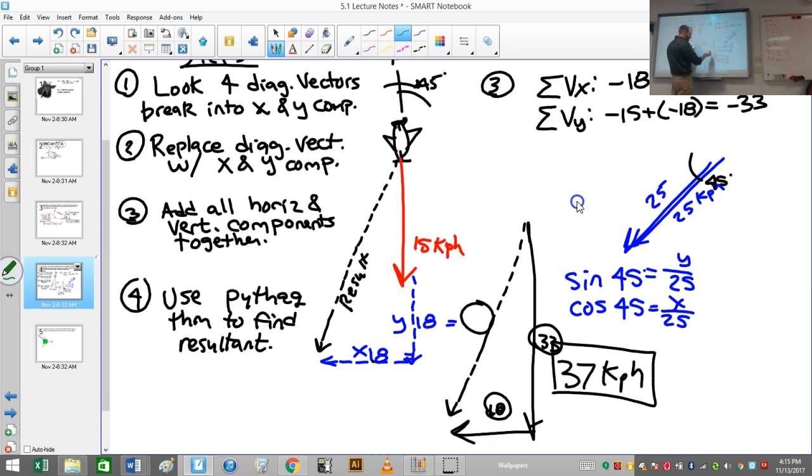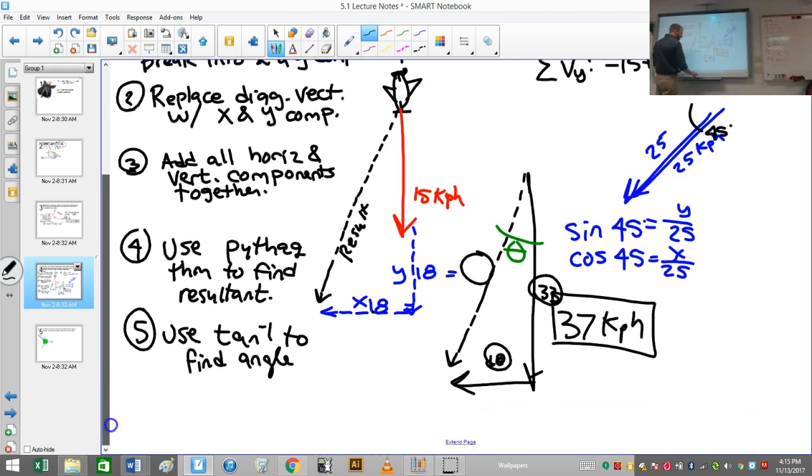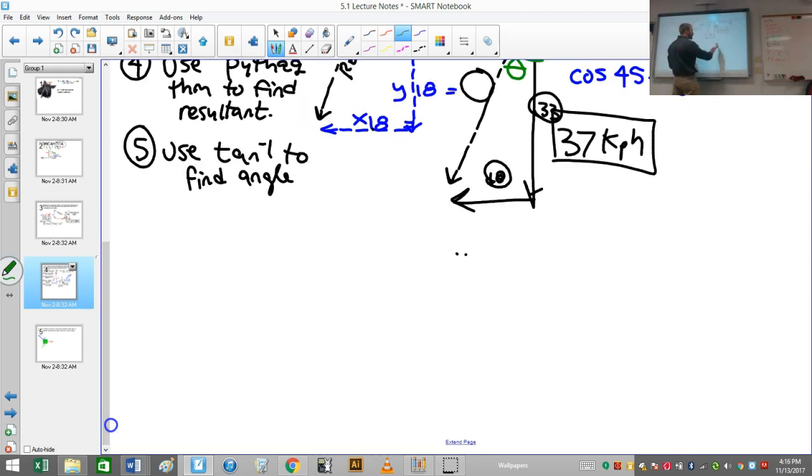And then what angle is it actually going at? That's this angle. I'll call it theta. I'm going to then use the inverse tangent. So step 5, use inverse tangent to find the angle. So I'm going to do the inverse tangent of 18, because the opposite is 18, over the adjacent 33.